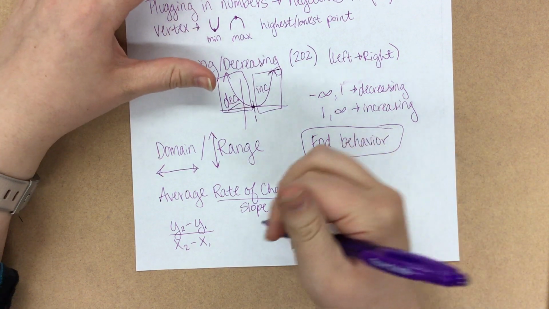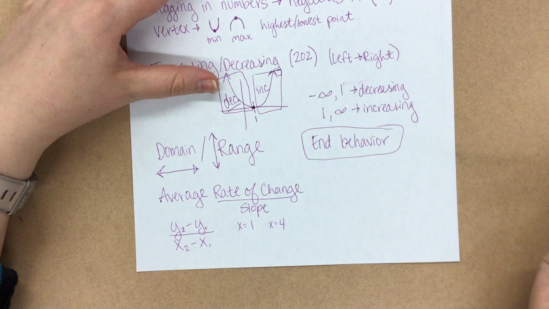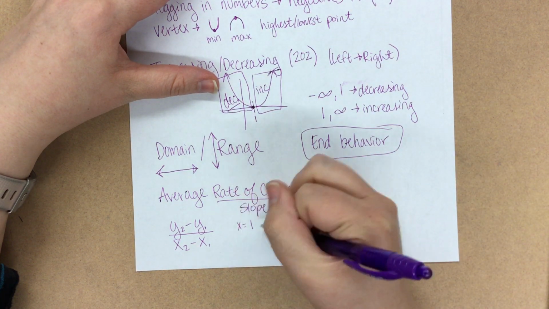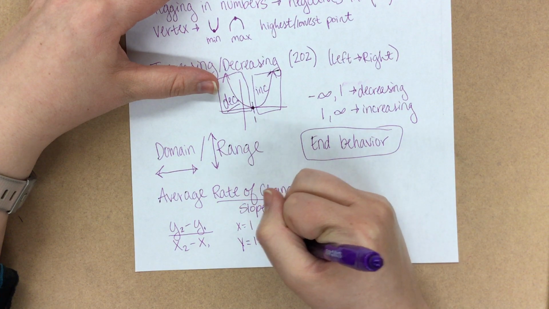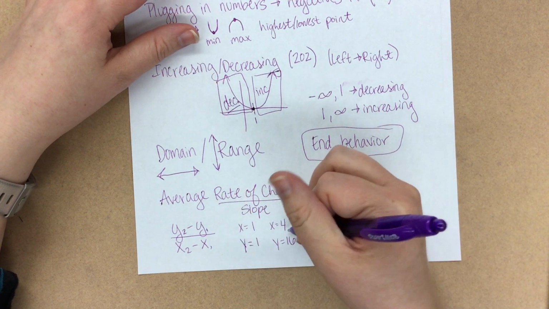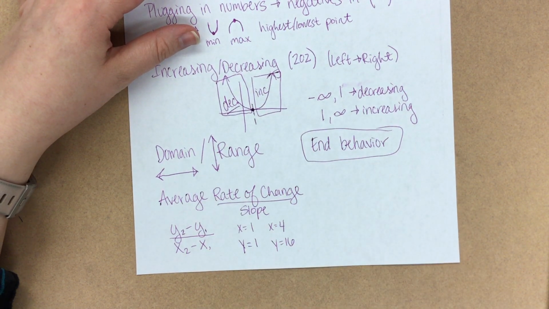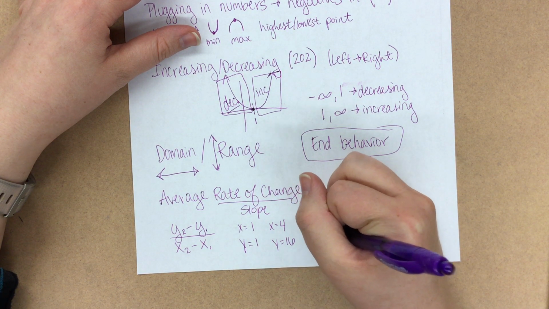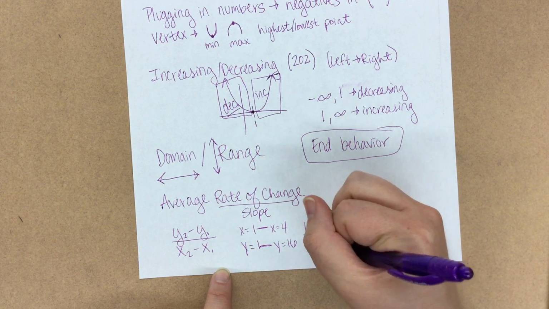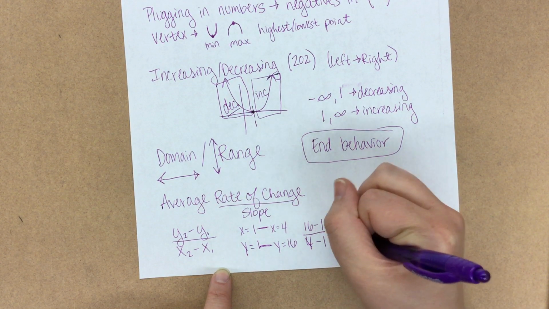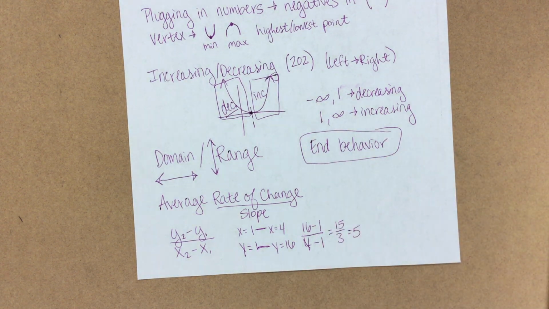If they tell you, how about from x equals 1 to x equals 4, you go back to your table and see that when x was 1, y was 1, and when x was 4, y was 16. Then you would combine these into this equation. So I'll take my bigger numbers minus my smaller numbers: 16 minus 1 over 4 minus 1. Then I'll get 15 over 3, which is really 5.